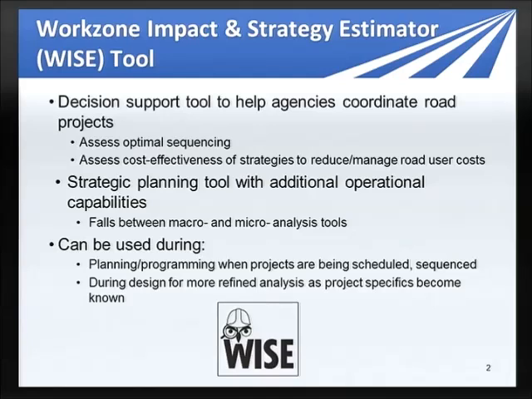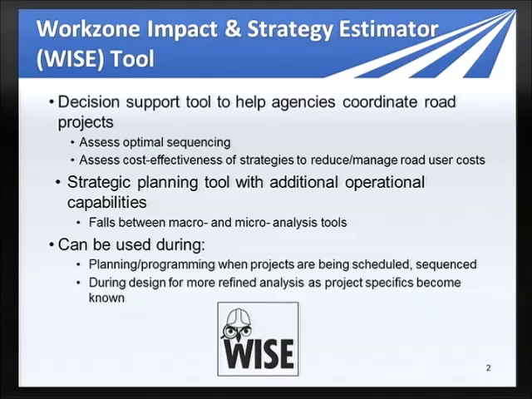So this tool is intended to help do that, to identify kind of an optimal sequencing basically, and to assess, well, if I use different kinds of strategies, how is that likely to affect the cost of the project and the overall sense of how much it taxes the transportation system, to help us decide which strategies might be the most useful.